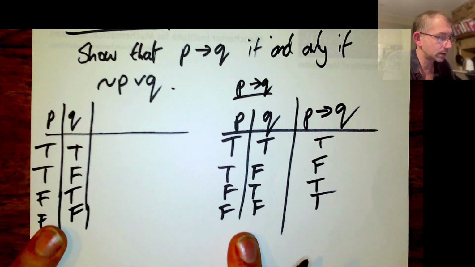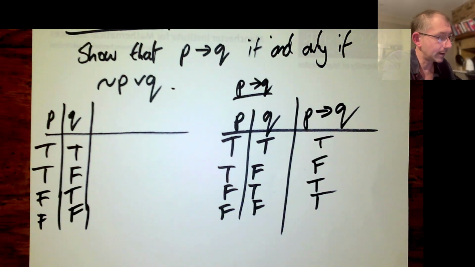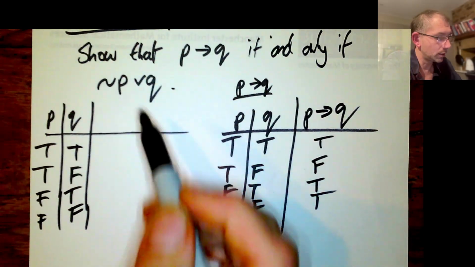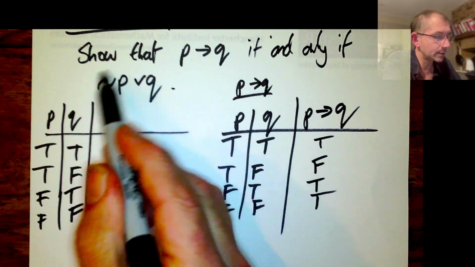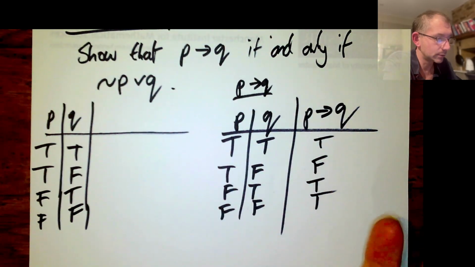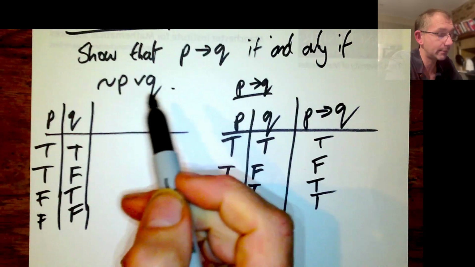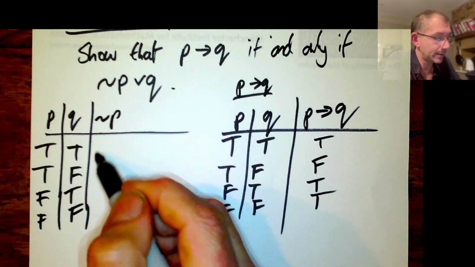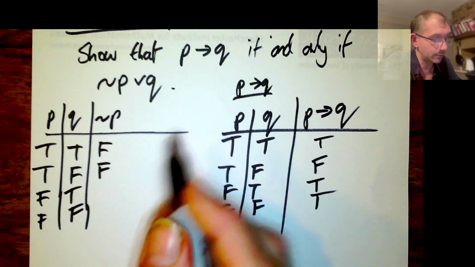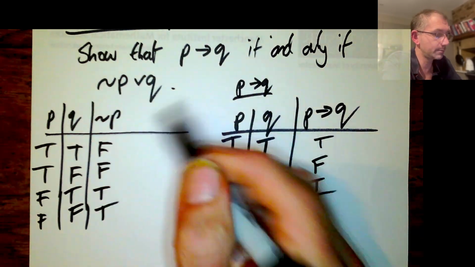So we started the same, and now let's build this up. So we've got P. Now the thing to do next is the not P, right? And then we can treat that as one thing and compare it with Q. So we'll have a new column, not P. So for that we get false, false, true, true.